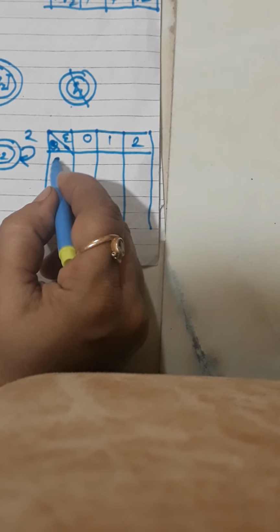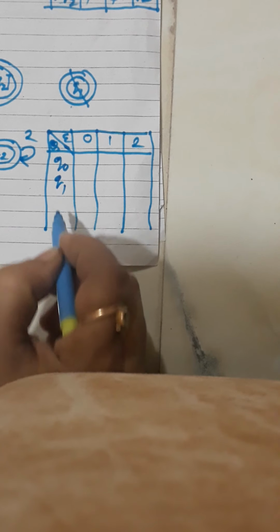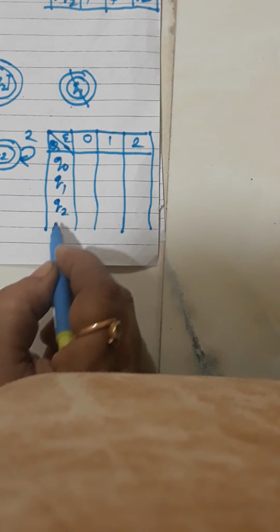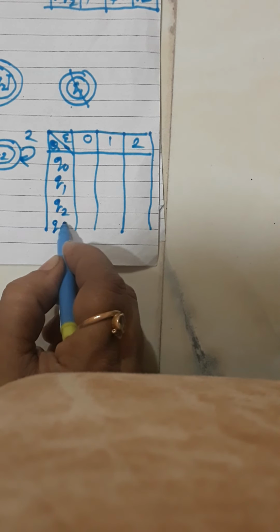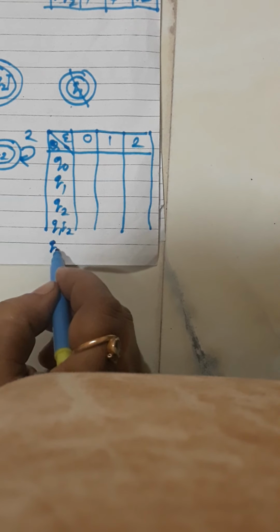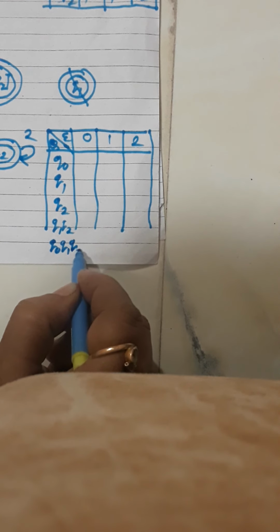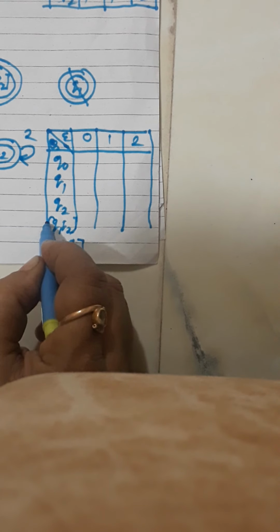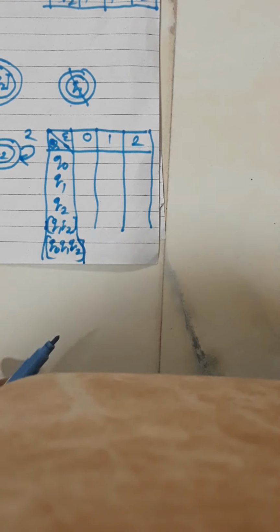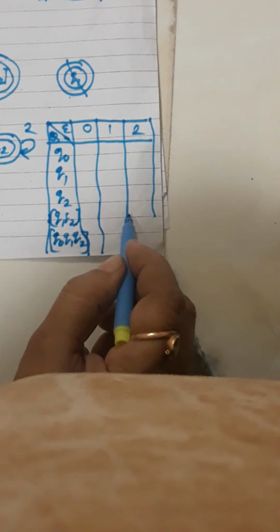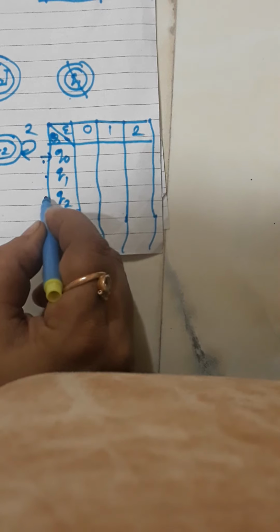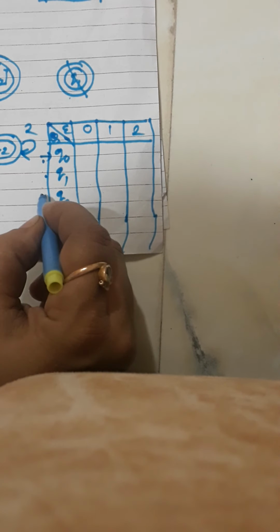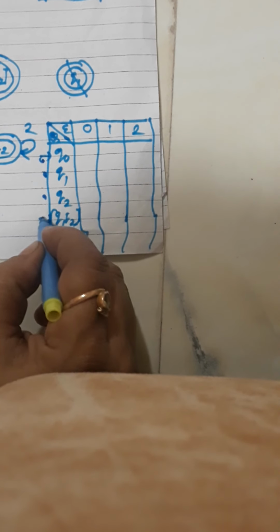The states are Q0, Q1, Q2, Q1 Q2 and Q0 Q1 Q2, so we have 5 states, where Q0 is initial and all are final.